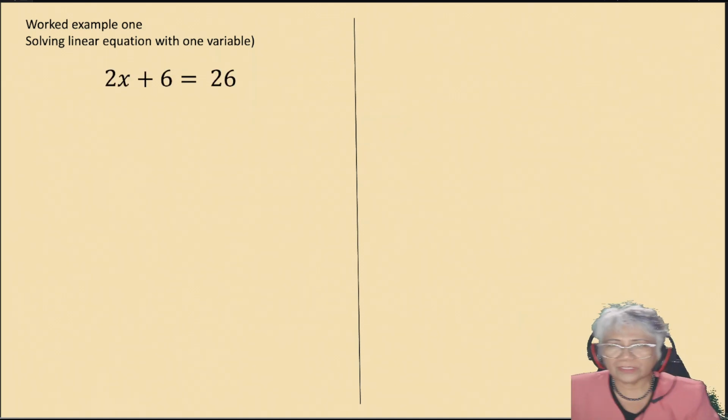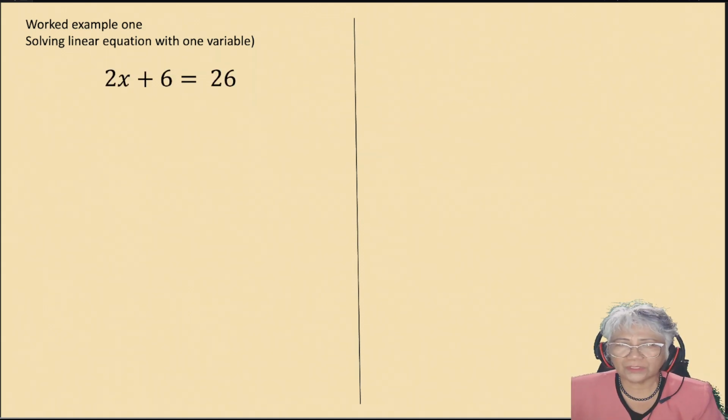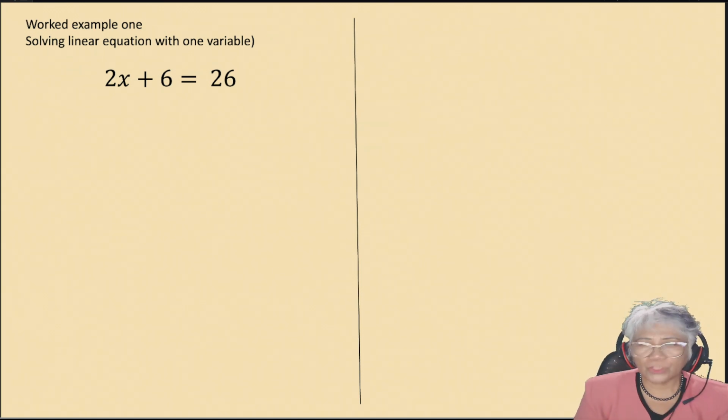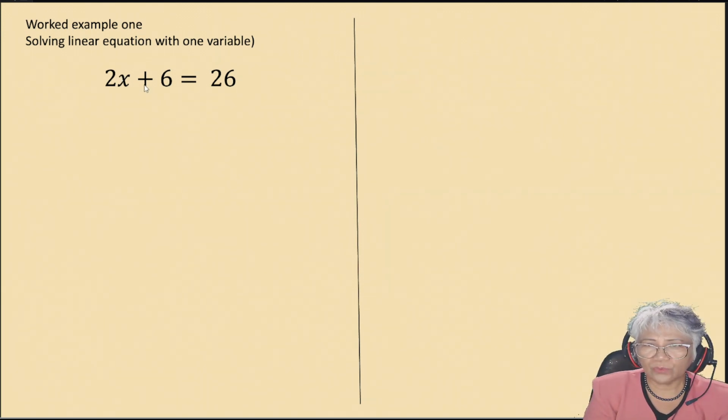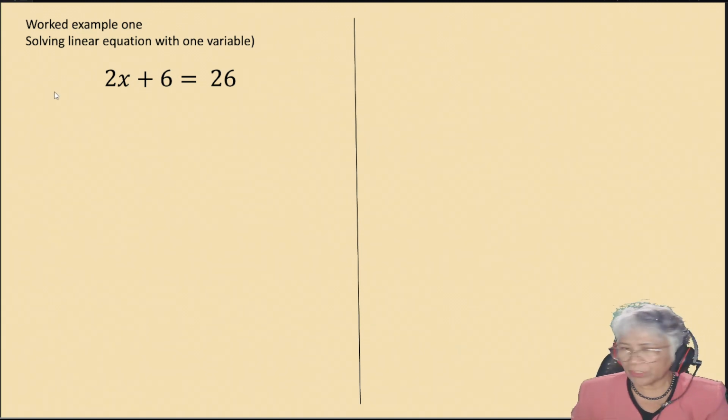So 2x plus 6 equals 26. In an equation, we need to separate the known value, which is the 6, from the one with the unknown value, and we can do that by the opposite operation.